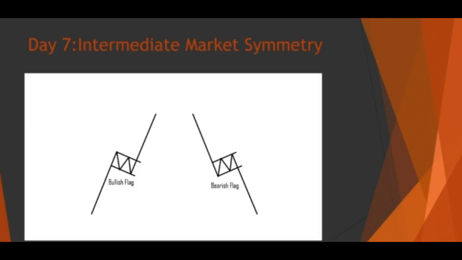So check this out. This is a bull flag or a bear flag. The market, as you can see, was heading lower, and then we have a small bullish move, and the market heads lower again. This was heading higher, a small bearish move, heading higher again. Simple as that. What you're trying to do is find the opportunities here and here.